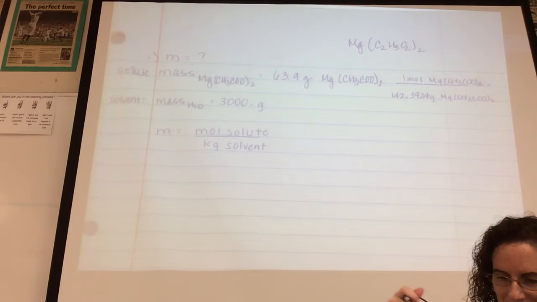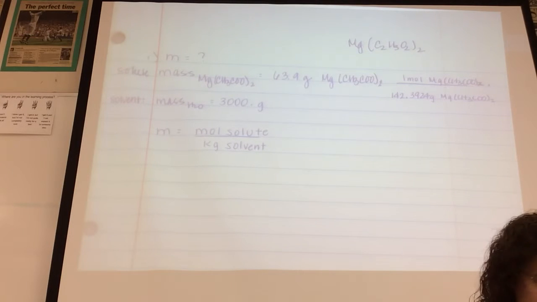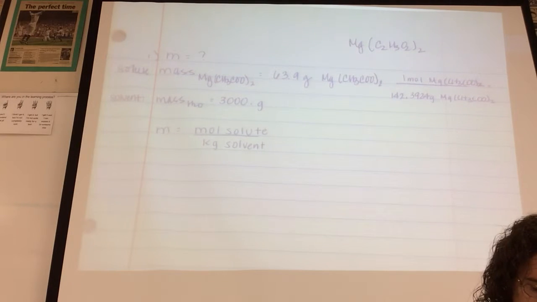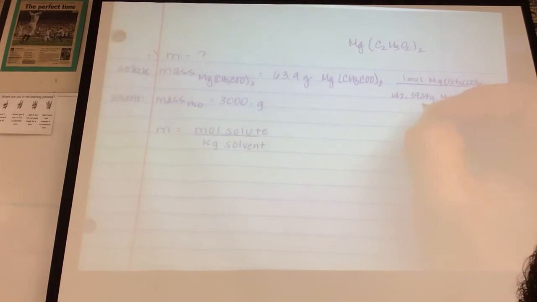And that's 0.449 moles magnesium acetate.